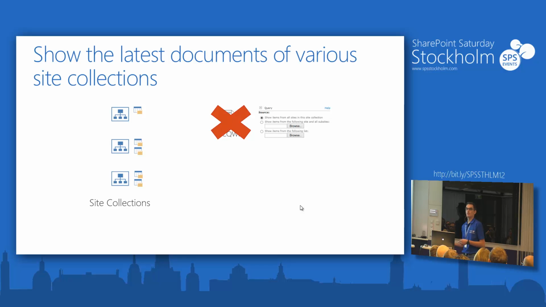Another option was custom development, but I'm not going to do development in this. So the real option you had out of the box available was a search core result web part. Did anyone use this, not in a search center, but on their pages to give some results?